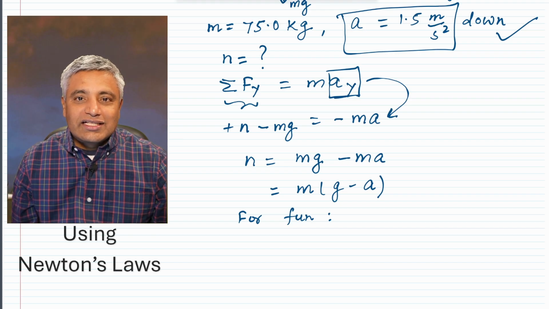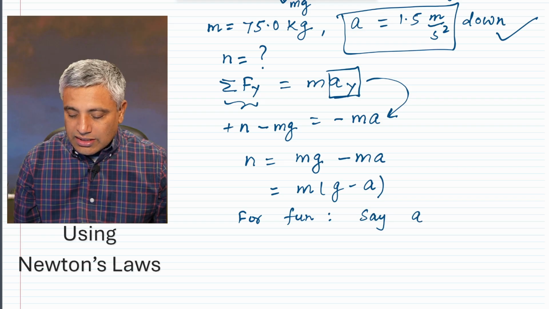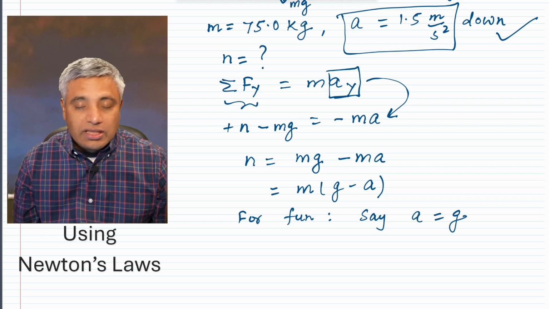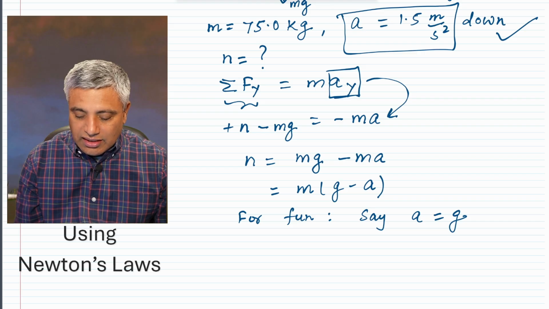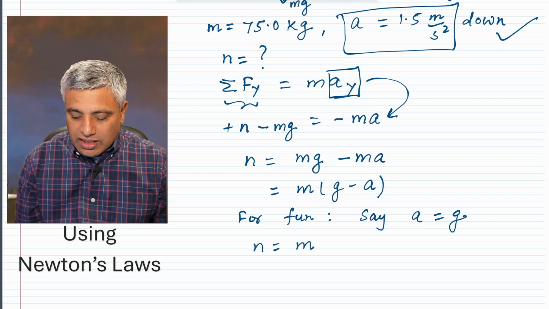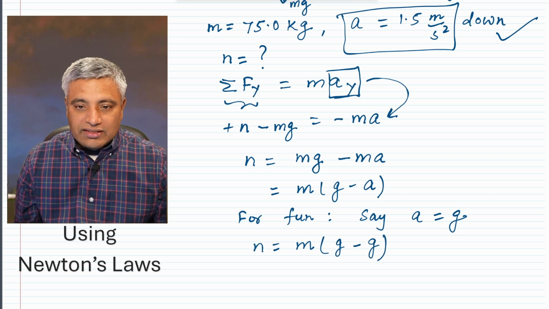In that case, what's going to happen? It's going to be in free fall. Say acceleration is equal to g then. Okay. When that's the case, then the normal force is going to be mg minus ma, and since we are assuming the value of a is g, so that's that.